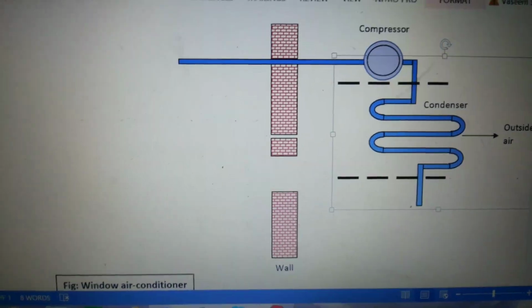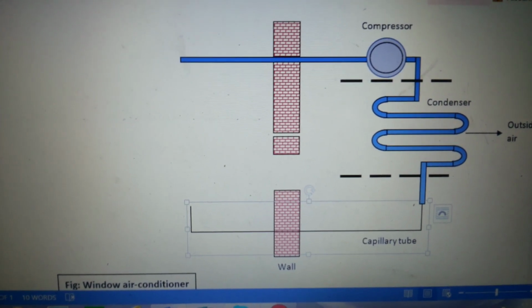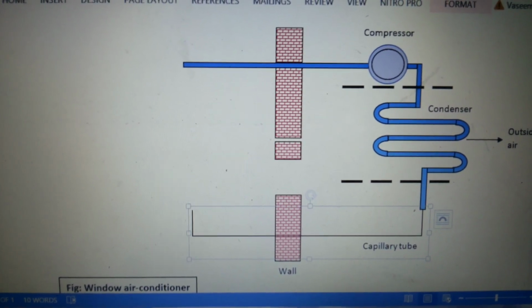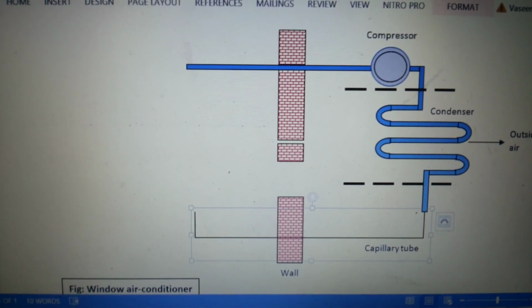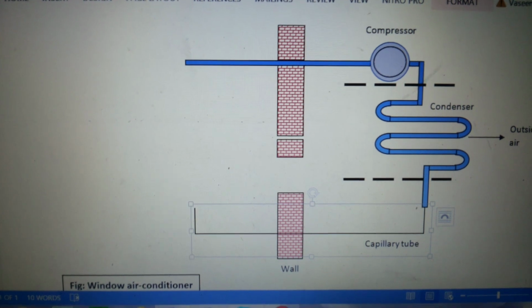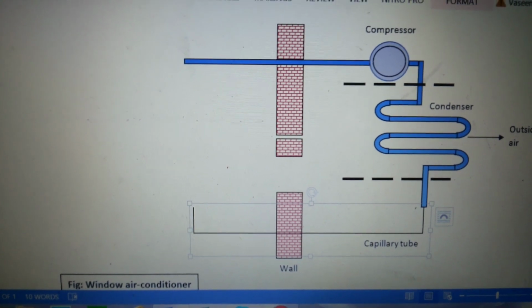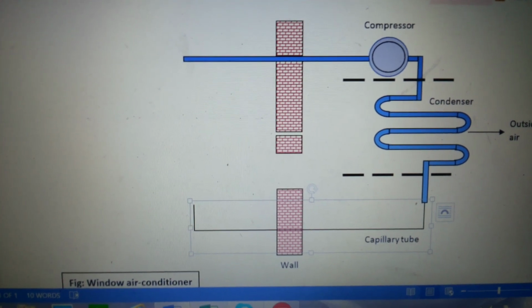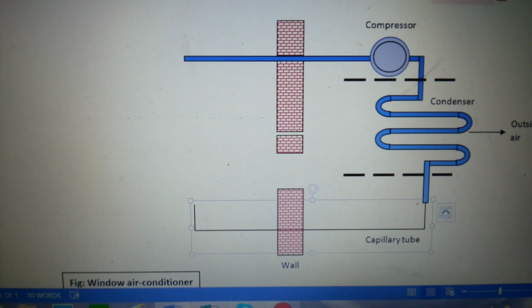After that, it passes through the capillary tube, where the high pressure liquid gets converted into low pressure liquid. Now the liquid refrigerant will be at lower temperature and lower pressure.